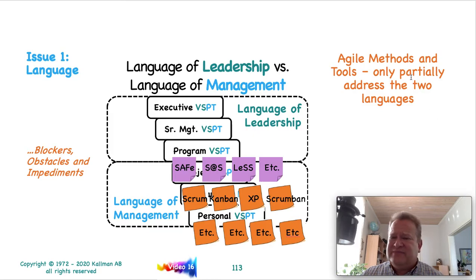And so that's why I'm saying, and you can argue with me all you want, but since this is a video, I won't hear what you're saying. It only partially addresses the two languages. And SAFe, at best, any of these scaled agile things are program level at best. Okay? A lot of them claim to get up to the next level into the portfolio, but we'll show you examples along the way of where that's just not the case.